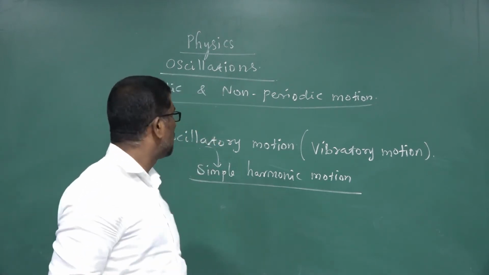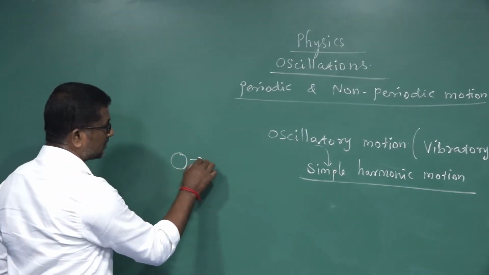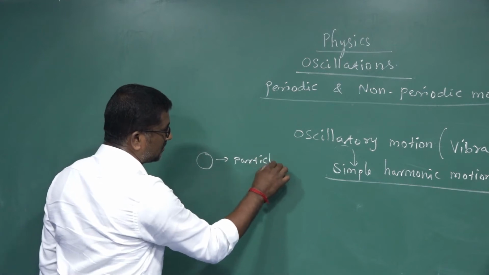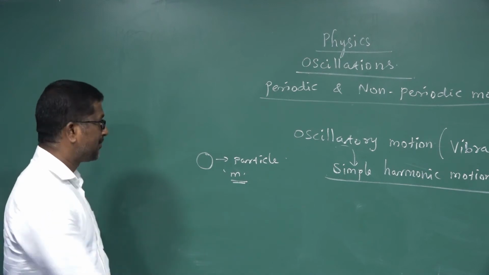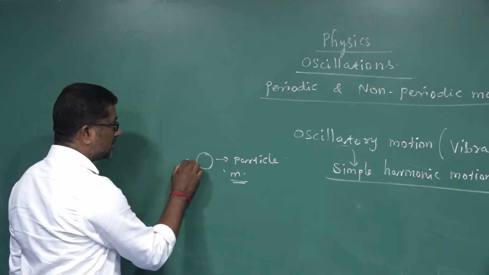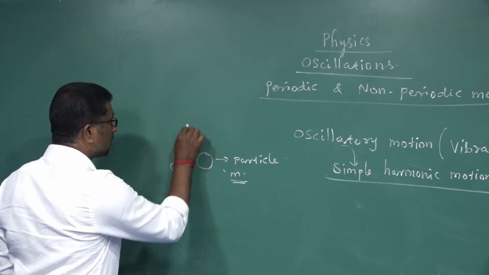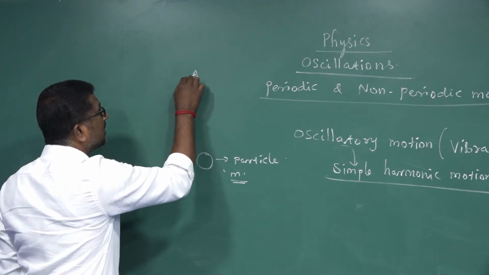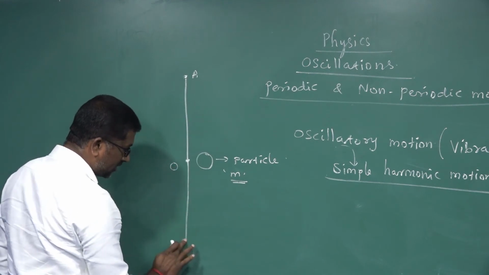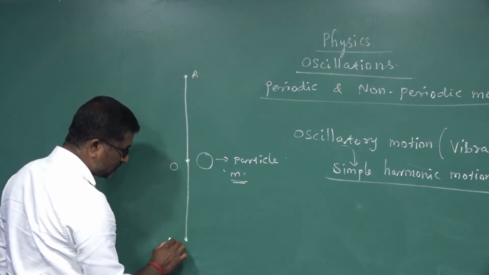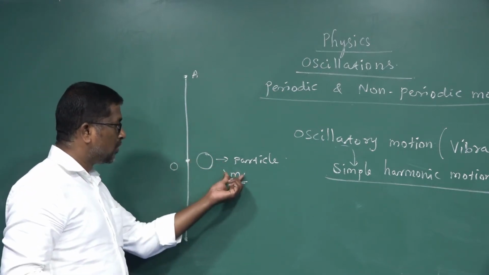Let us consider a particle of mass m. Suppose this particle moves from origin O to A, then from A to O, and once again it moves downwards towards B, and again from B to O. So there is a particle whose mass is m.